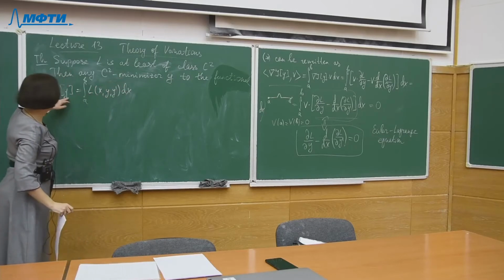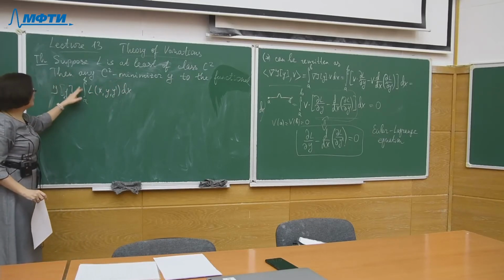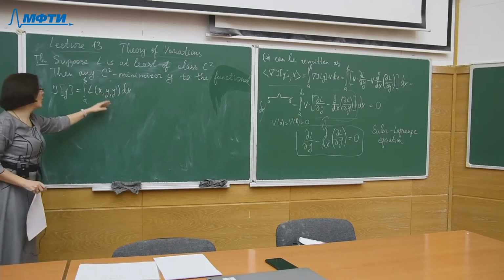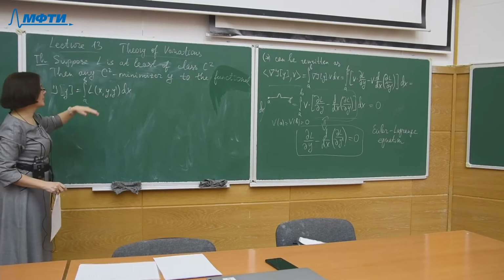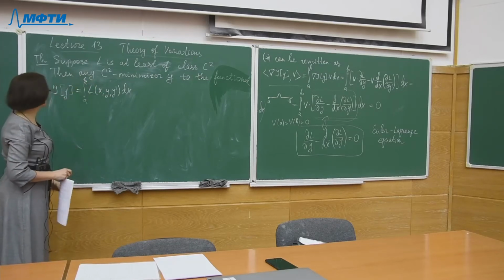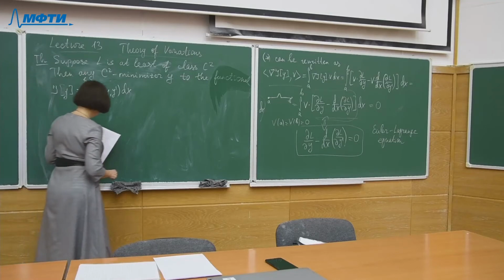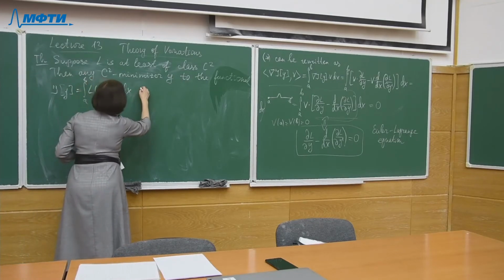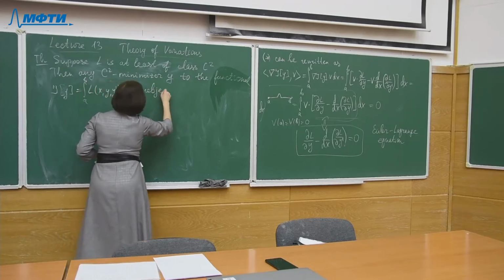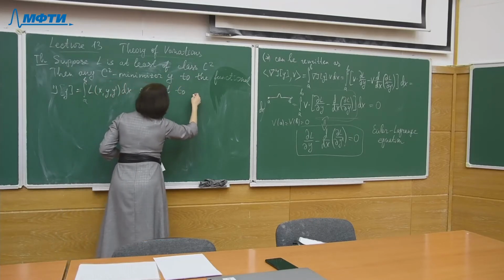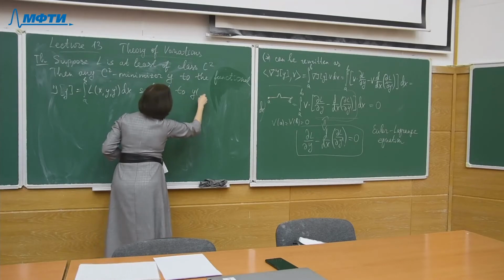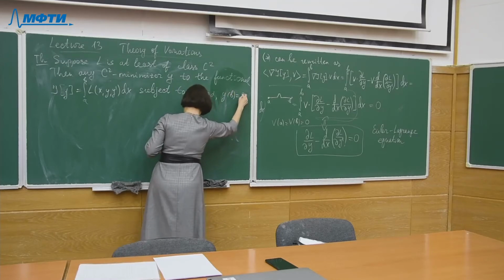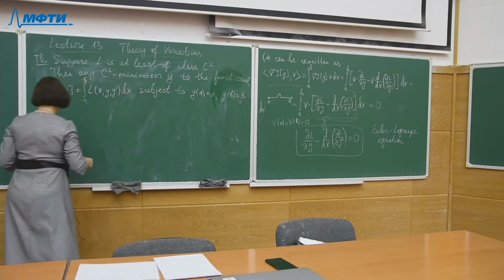Minimize means that y is such that the value of this integral is the minimal, the least among all possible integrals for all admissible functions, to the functional subject to boundary conditions, y of a equals alpha and y of b equals beta, must satisfy the Euler-Lagrange equations.